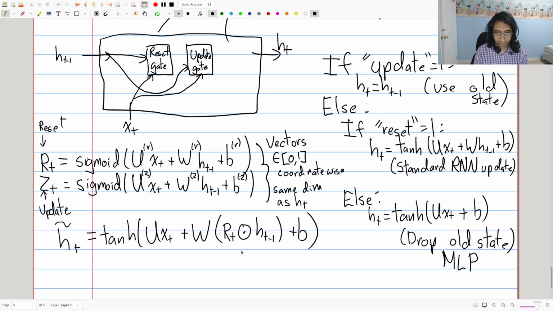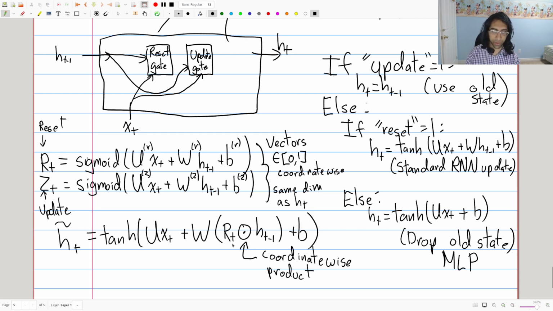I've used an unfamiliar looking operation here, but this is the coordinate-wise product. The idea is we're just going to multiply each coordinate of h_t by some value within the interval 0 to 1.